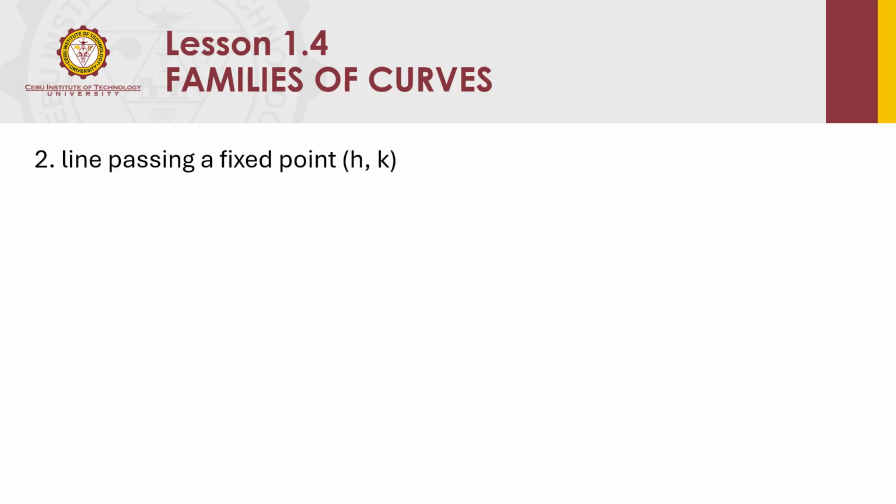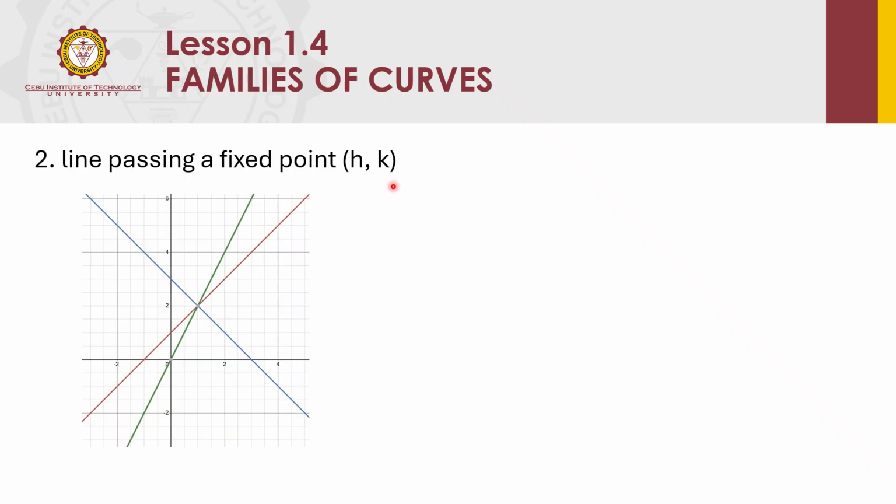We have a second example, a line, the family of lines passing a fixed point (h, k). So if we're going to draw some examples, we have these three lines passing through the same point that we label using the letters h and k, which are constants, and the slopes are different.